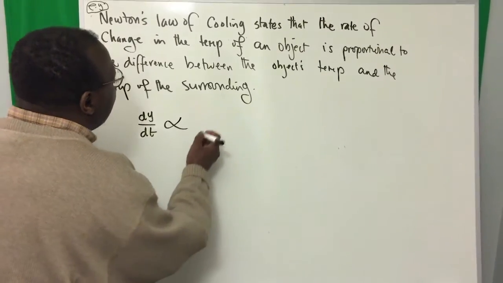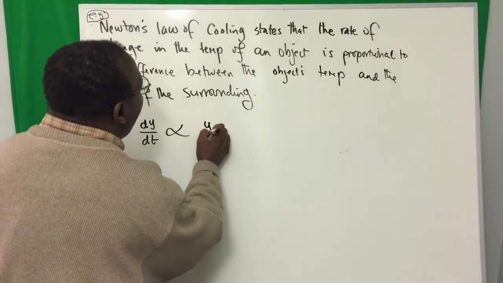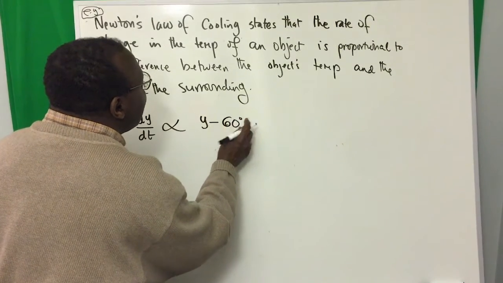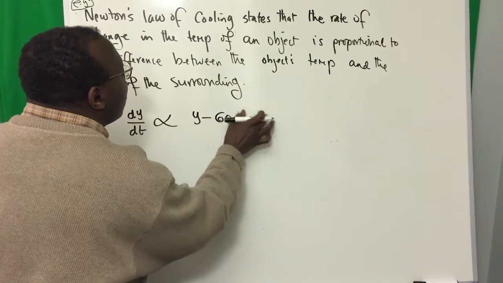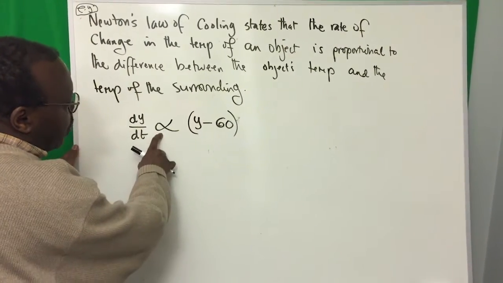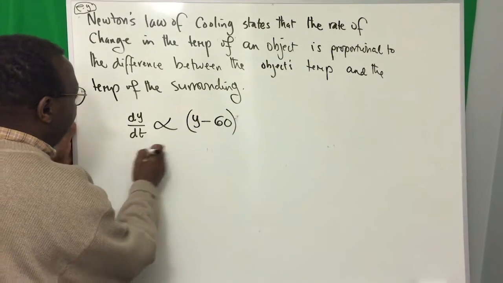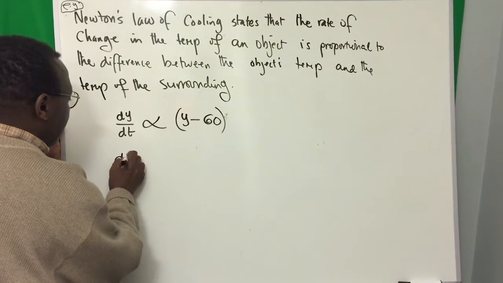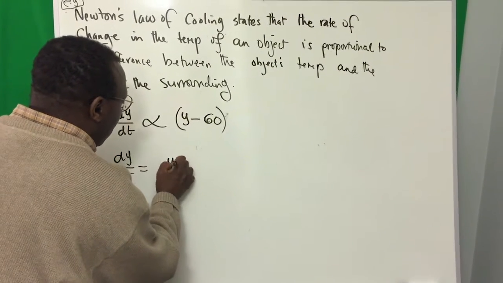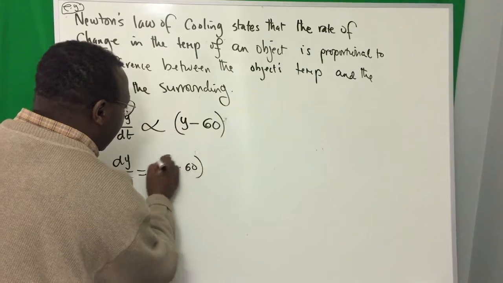So this one will be y minus 60, 60 being the temperature of the room. So we remove this proportionality sign and write this as dy/dt is equal to k(y minus 60).